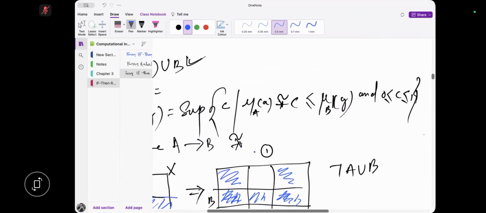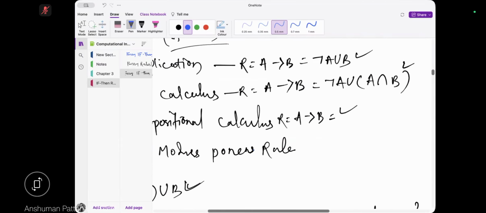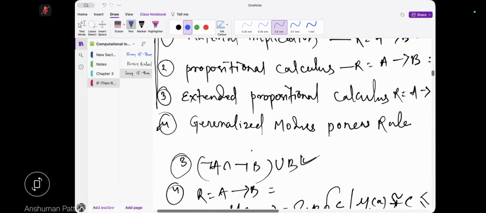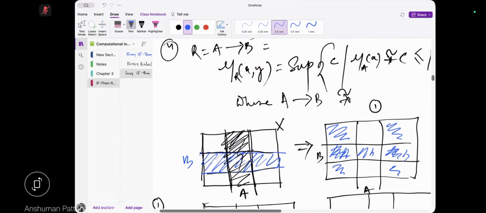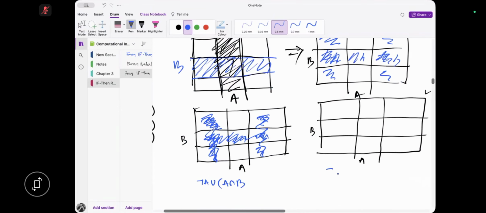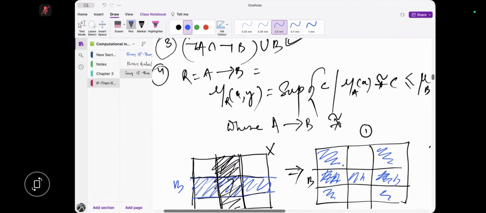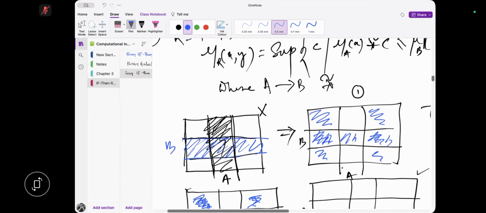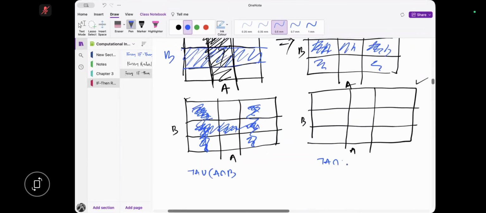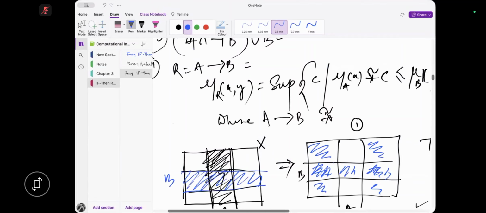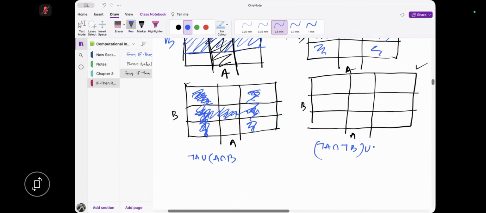Let's come to the third one. Negation of A and intersection of negation of B, whole union B. Negation of A is this one.